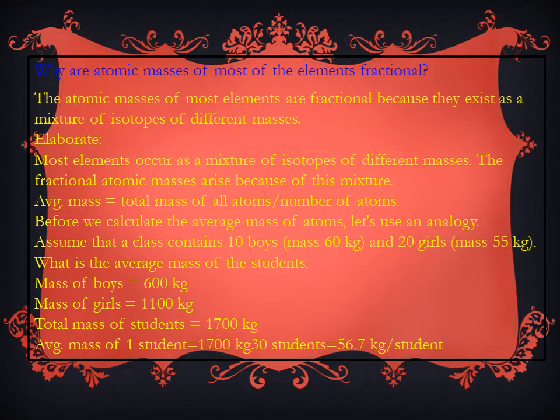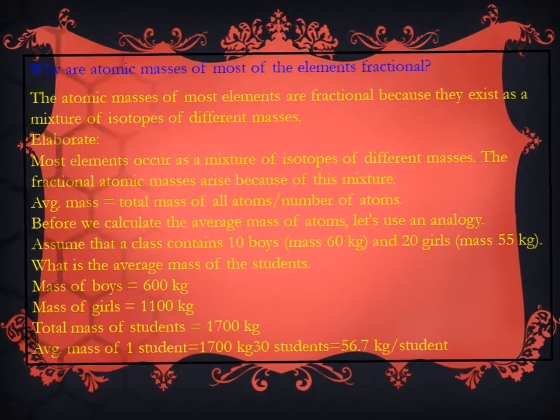Mass of girls: 20 times 55 is equal to 1100 kg. Total mass of students is 600 plus 1100, equal to 1700 kg. Now the average mass of one student is 1700 kg divided by 30 students, equal to 56.7 kg per student.